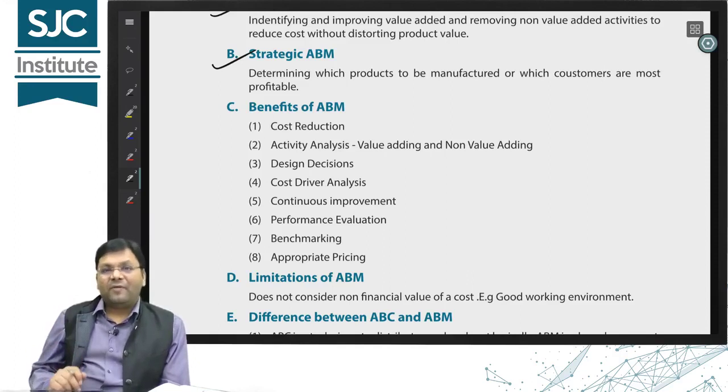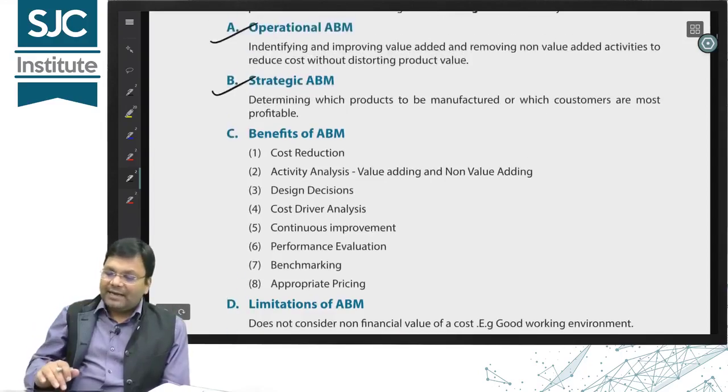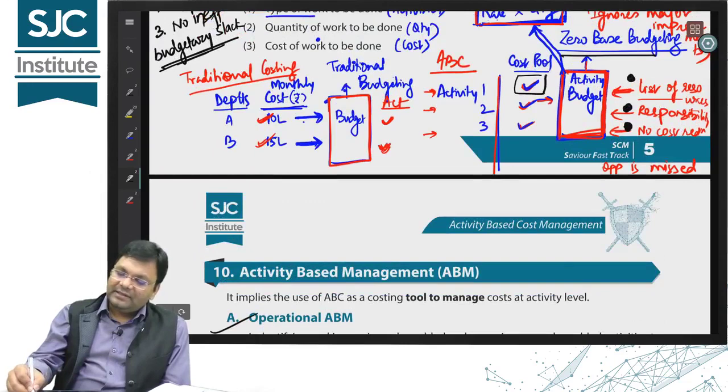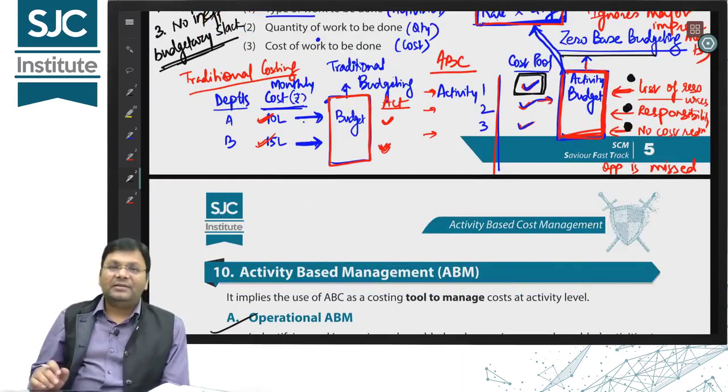It helps in performance evaluation of your different managers. ABM will go into each activity and see that, say, this activity has to be done within this budget, and the manager of this activity has actually done this activity within this budget and saved some amount for your company.